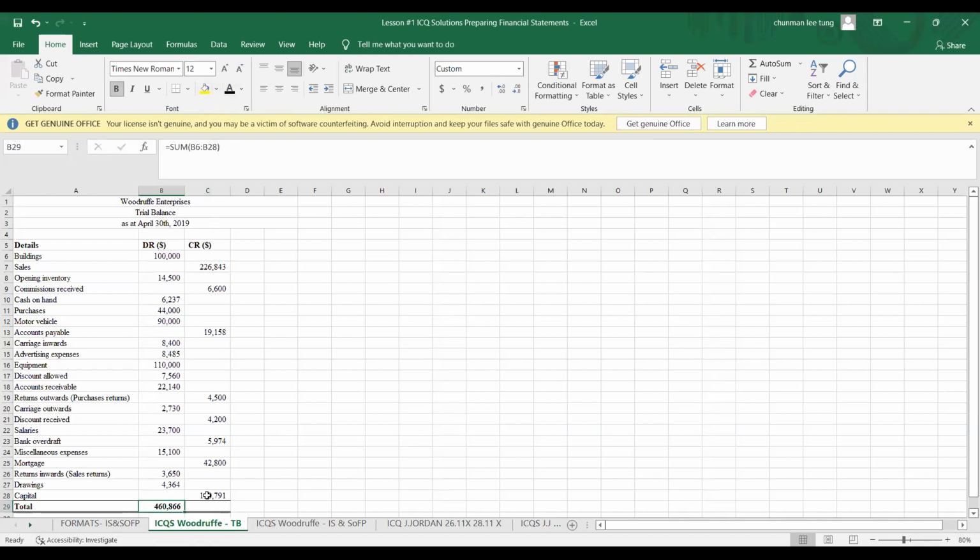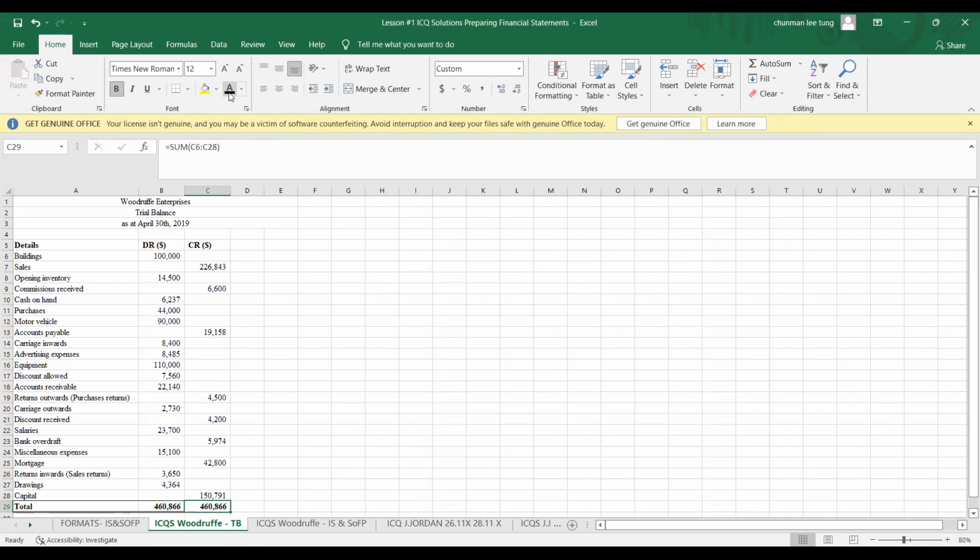And we will get 460 on your debit side, and on your credit side, 460,866. So debit and credit must be equal, and we feel good about ourselves, because we would have balanced off the trial balance. That's the first stage.